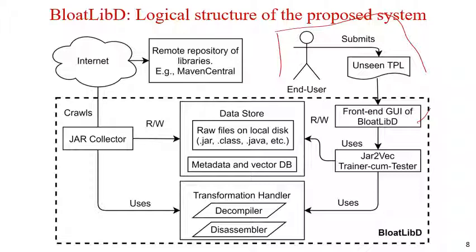So I said that we extracted a certain amount of Java libraries from Maven Central. We developed a jar collector which crawls the different Java libraries from different software categories. Just to make sure that the data set that we are developing is heterogeneous in nature, we considered around 150 software categories.